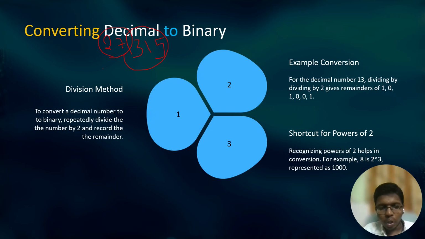First, we have to take 27 for the division method. The first method is the division method to convert a decimal number to binary.